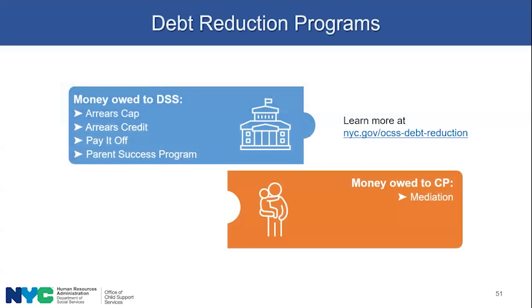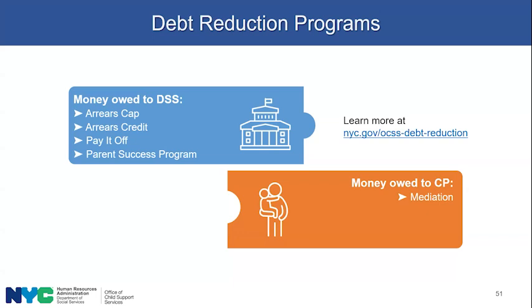Now, for money owed to the Department of Social Services, that is to say, child support that should have been paid while the child was receiving benefits, we have a lot of programs: arrears cap, arrears credit, pay it off, parent success program. Going to talk about each of those. You can learn more about these at nyc.gov/OCSS debt reduction.